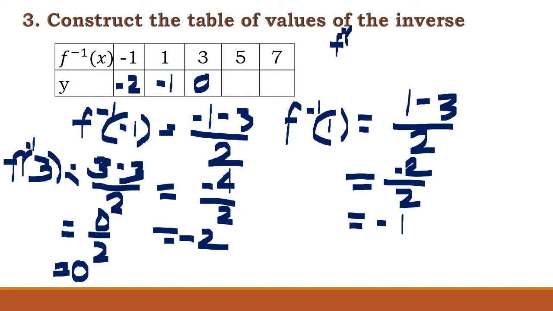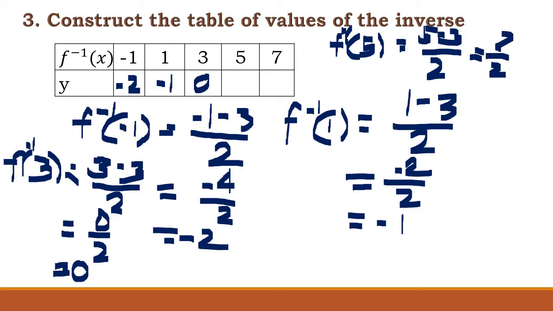Then we have f raised to negative 1 of 5, which equals 5 minus 3 over 2, which is equal to 2 over 2, equals 1. So if x is 5, then y is 1.